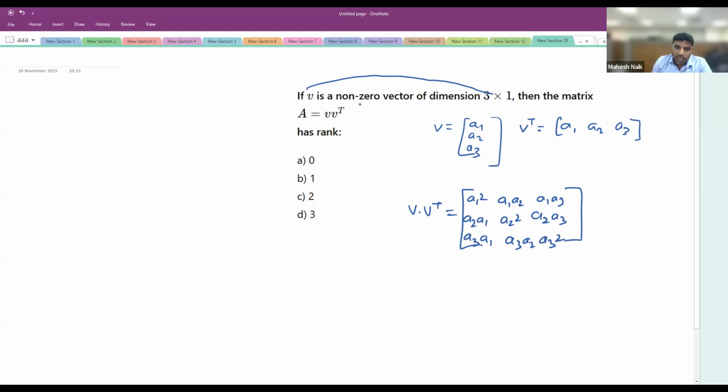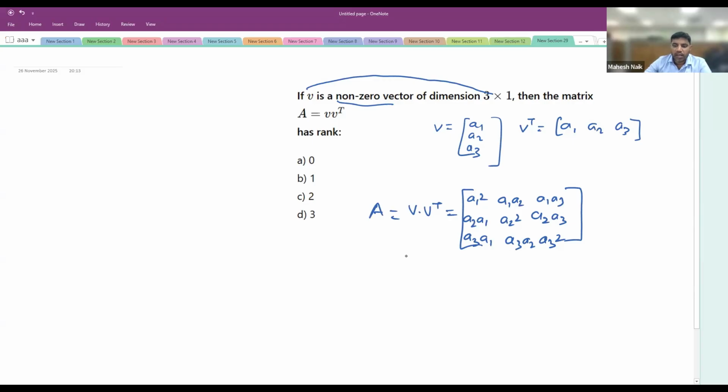It's given that V is a non-zero vector, which means at least one of a1, a2, a3 will be non-zero. We want to find the rank of this matrix A.